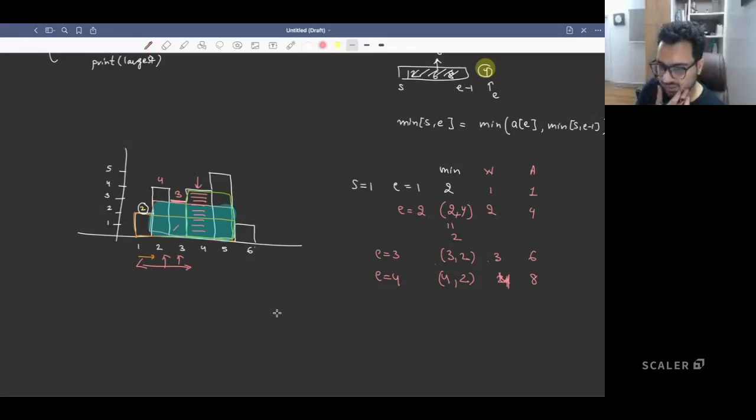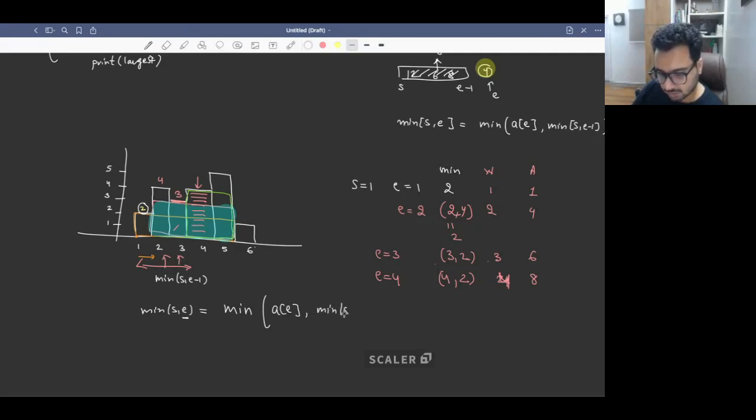Tell me, does this make sense? What you know is you already know minimum of S2E minus 1. And while computing minimum of S2E, basically at the current index, you are saying take the minimum of the current element and the previous minimum, which is the minimum of S2E minus 1. Got it?